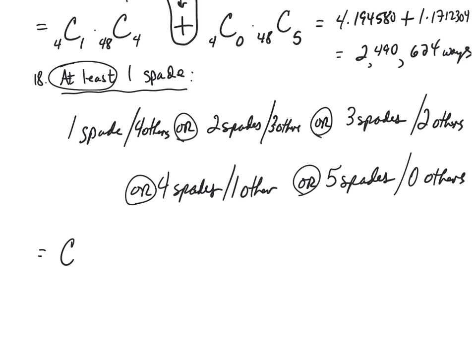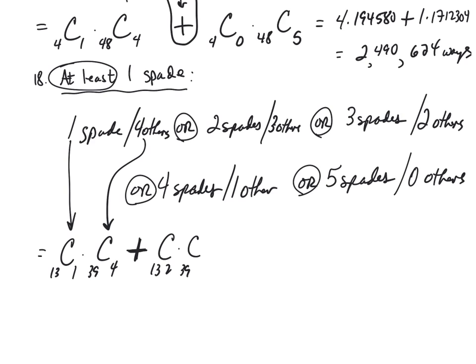How many spades? Well, there's 13 total spades in a deck, and we're supposed to select 1. How many other cards are in the deck? 39, and we're supposed to select 4. So let me do some arrows here so you can see where these are coming from. And then the OR tells me to add. Now I'd have to do 2 spades and 3 others. So from 13 spades, I'm supposed to pick 2, and from the other 39 cards, I'm supposed to pick 3.